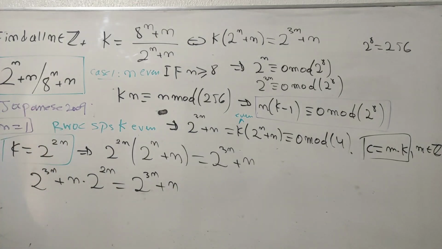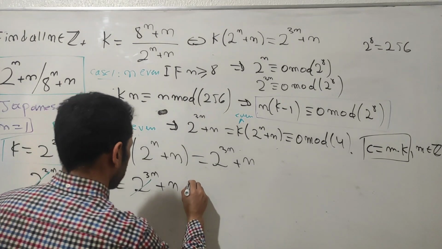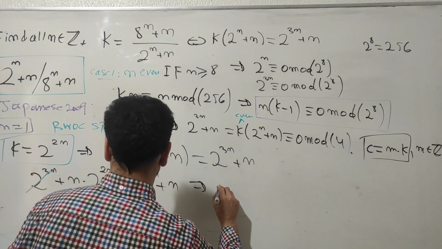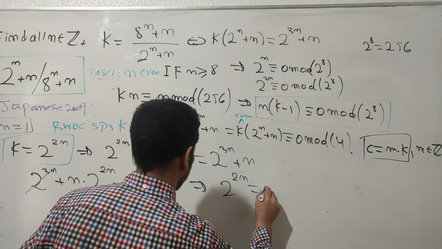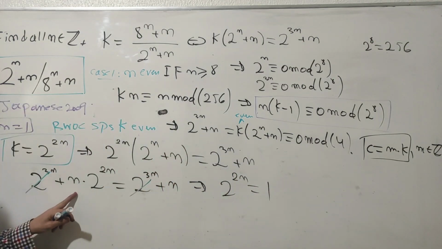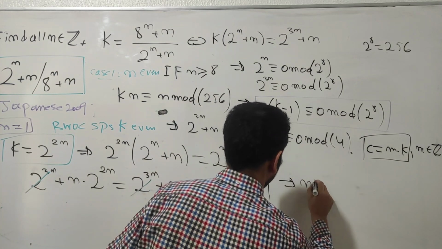It's more simple. This one is going to be cancelled out with this one, and dividing both sides by n. So finally I get 2 to the 2n, which equals number 1. Because we get n here, we get n here. So this one implies n equals 0.